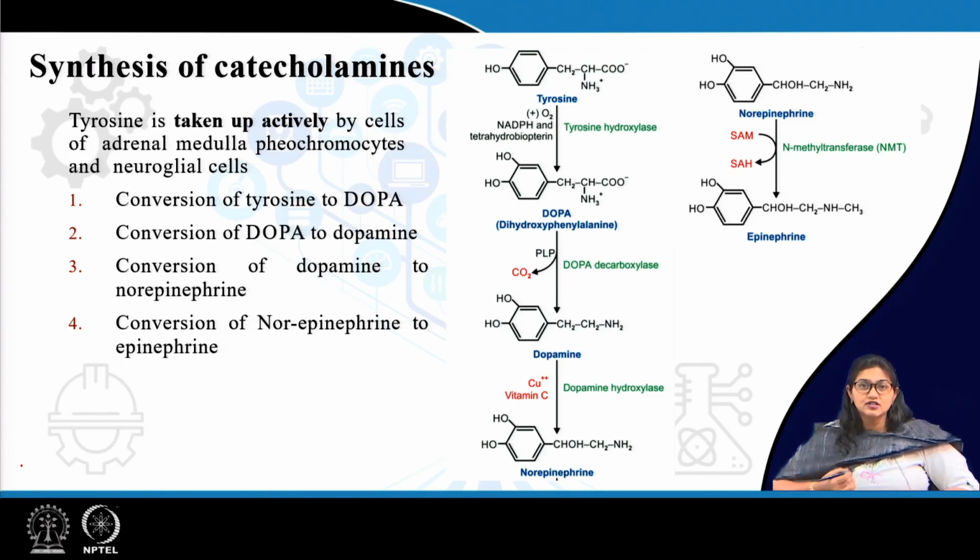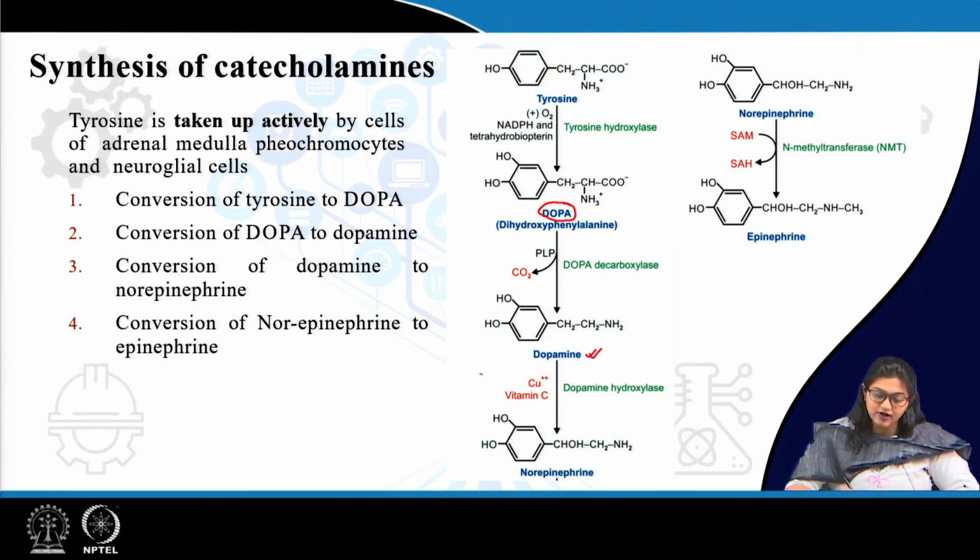Now, there are four major steps of catecholamine formation. Tyrosine is first forming dopa. This is dopa, not dopamine. Remember, the first step is formation of dopa, from where there is formation of dopamine.